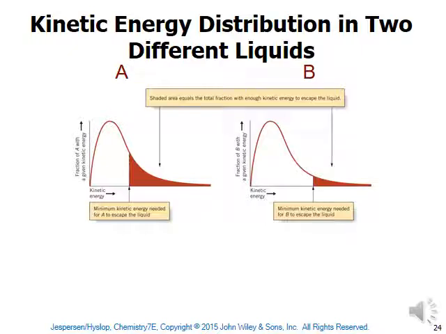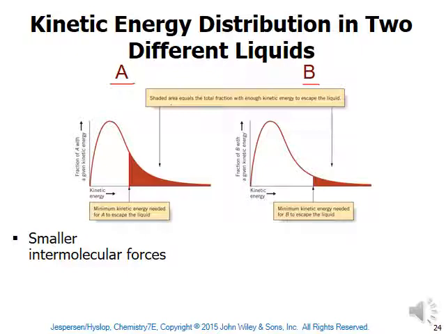Okay, so let's look at two substances here, A and B, and what we want to do is compare the two. A has smaller intermolecular forces, and the way I can tell that is because the minimum energy needed is less. Now these two have the same curve, but notice they have different minimums. The reason they have different minimums is probably because of interactions.